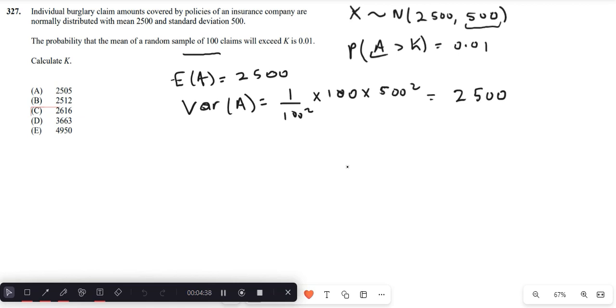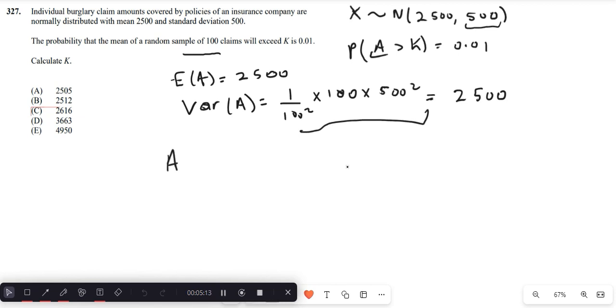If A was defined as the average of 500 of these identically distributed claims, the variance of A would be 1 over 500 squared multiplied by 500 multiplied by the variance of each of them, which is just 500 squared. So that is the concept that I used to work out the variance of A right here.